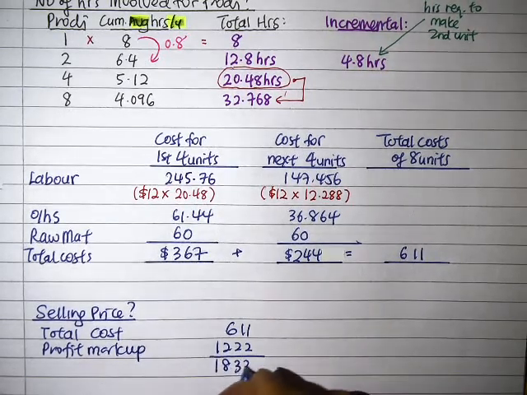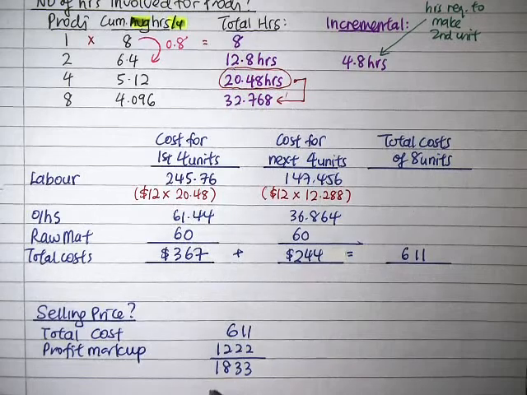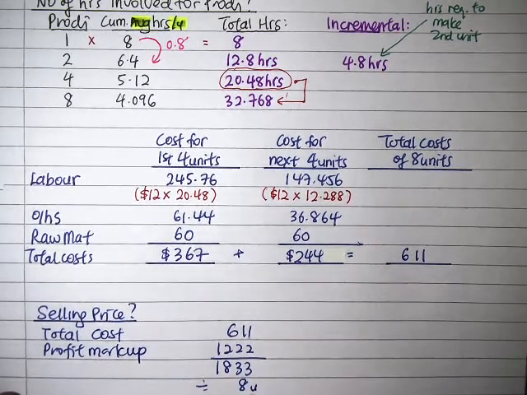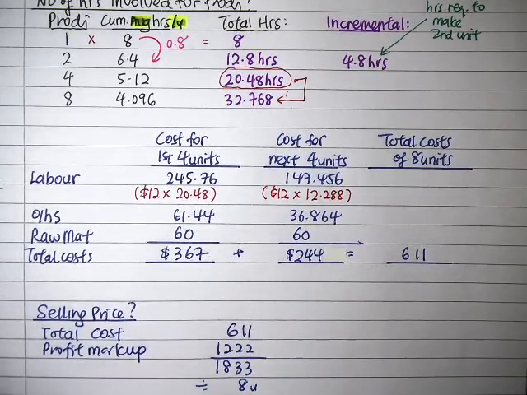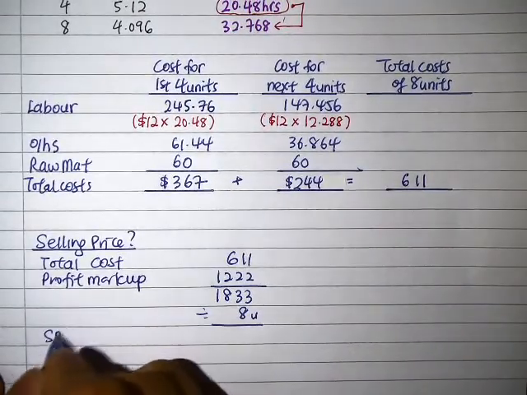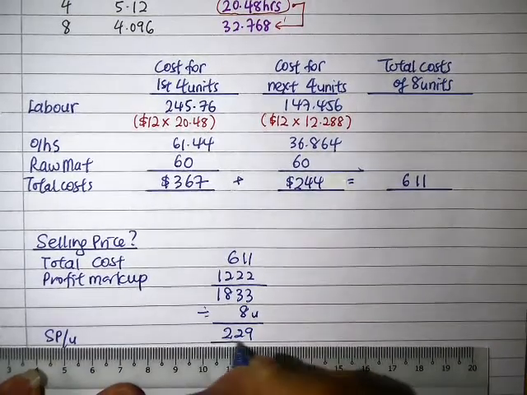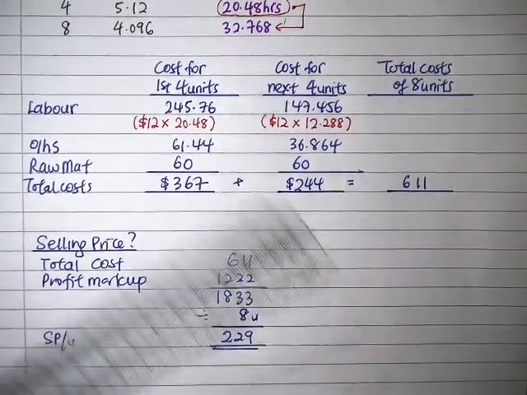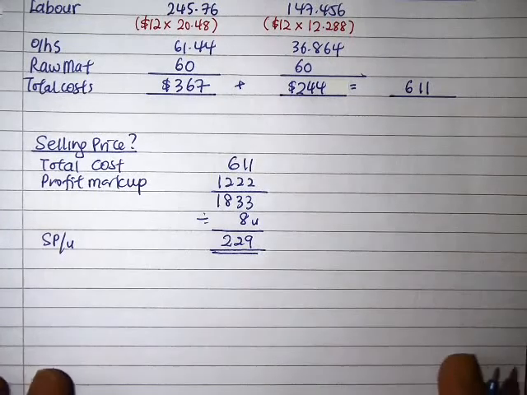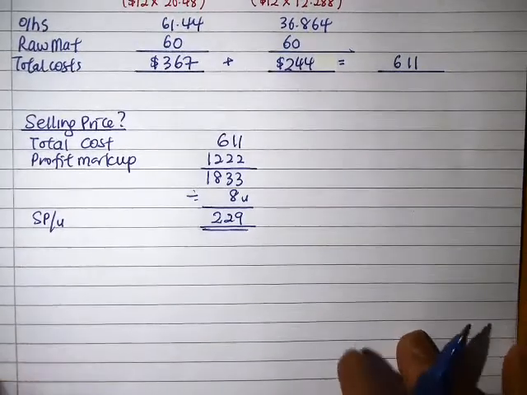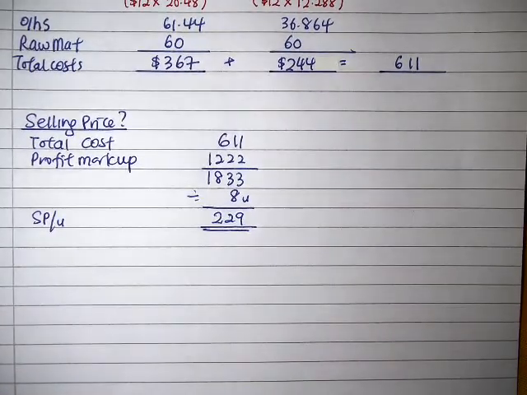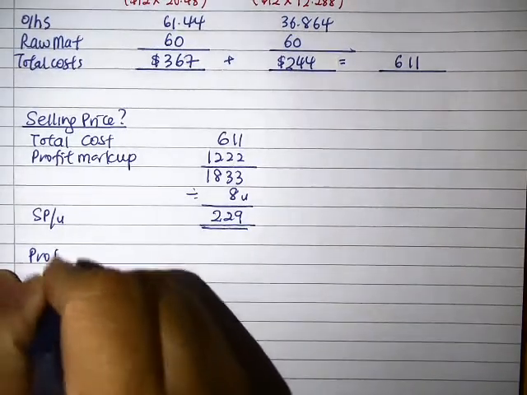So you're expecting 1,833, and we're actually looking at 8 units. So your selling price per unit will actually be 229. Now if you're gonna sell at 229 for a unit, how much will your profit margin be?